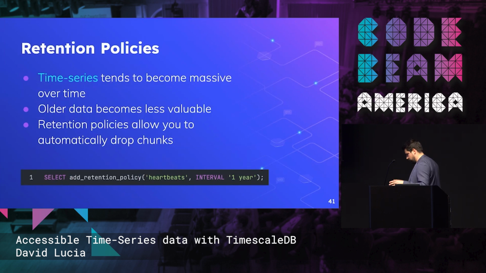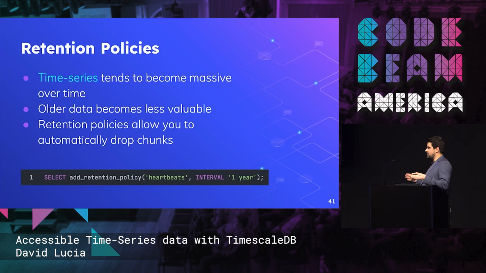OK, we got compression. We can aggregate. We want to get rid of data, too. So time series data, we know can get large over time. What we could do is set retention policies on our hypertables and say, after a year, ditch the chunks. I don't care about it anymore.